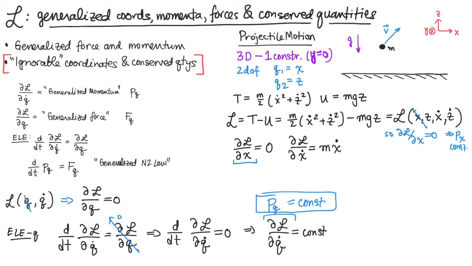Remember, this is the generalized force, and this is the generalized momentum. The Euler-Lagrange equation for x tells us the time derivative of the momentum is equal to the force.